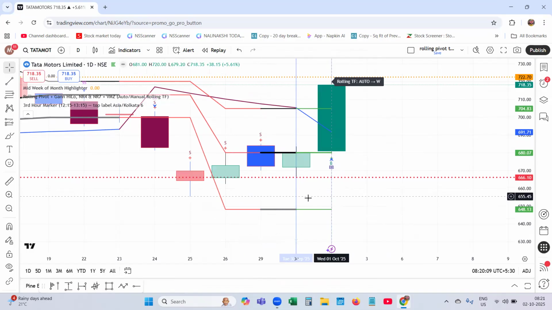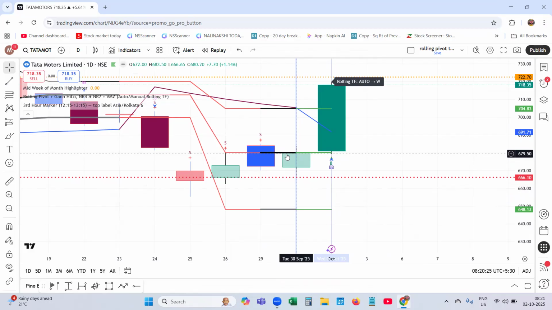So I have made it dark. You can see it has become neutral. When the pivot changes to neutral, it is an alert. It is like a yellow signal on the traffic light.